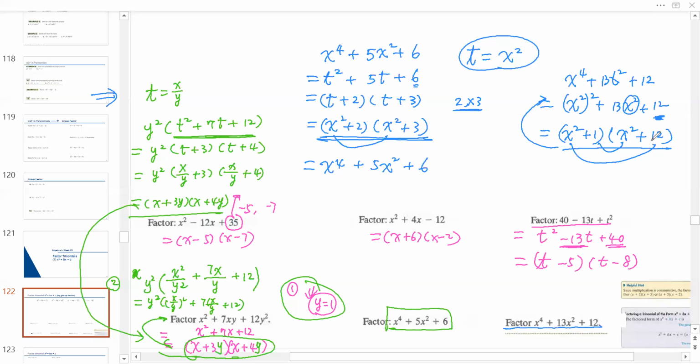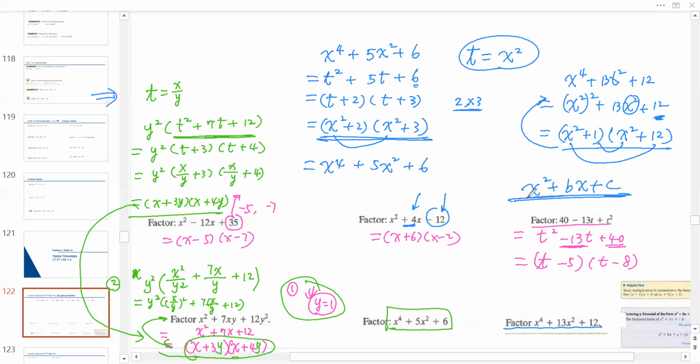All right. So most importantly, for this process, the thing is how you break it down, how you factor this constant number and find the factors whose sum exactly matches the coefficient B. That's the first situation.